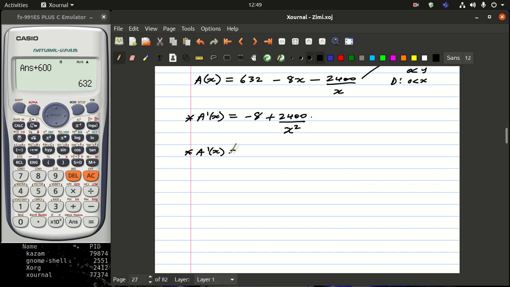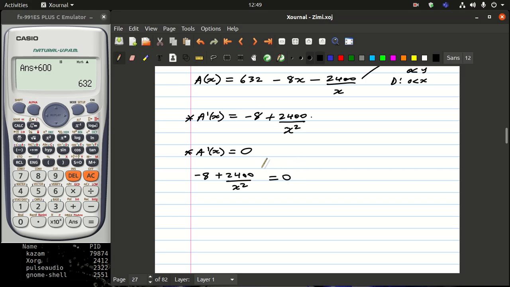Then the next step that we are having here, we want to check what are the values of x that will make the area equal to 0, which means I want minus 8 plus 2400 divided by x squared to be equal to 0.